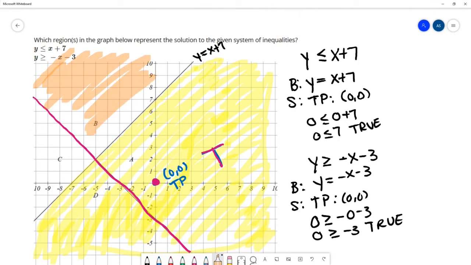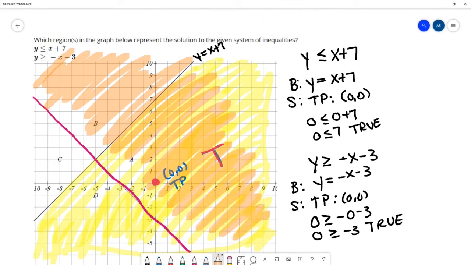We're going to shade above that line. And this region right here is shaded in both the yellow and the orange color. So these ordered pairs are going to be solutions of both inequalities. So we're going to select region A as the region that represents the solution to the inequalities.